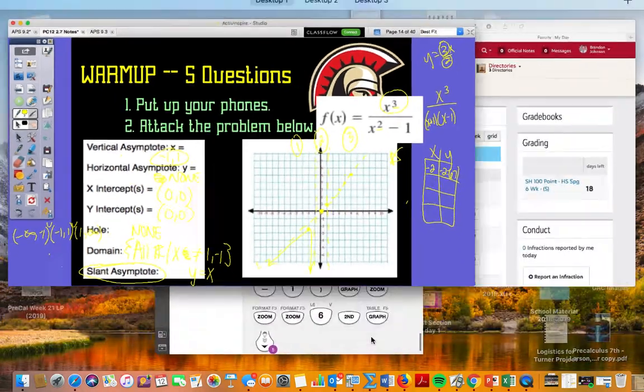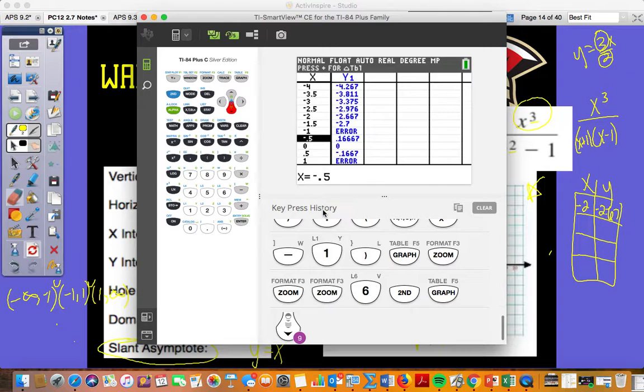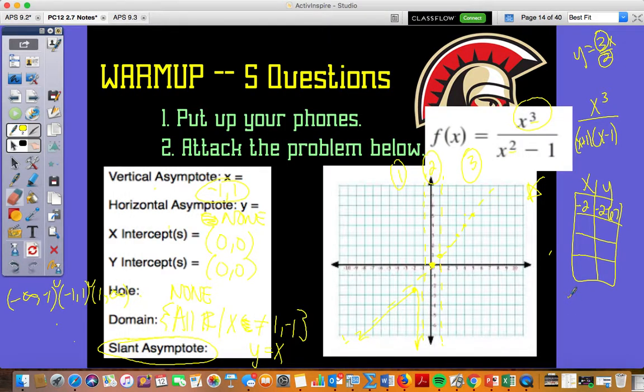Plus, again, remember the graph is a challenge question, okay? That's a big thing. 2 would be 2.67. So when I plug in 2, I get 2.67. So that would be like right here. So what's going to happen here? Same thing.